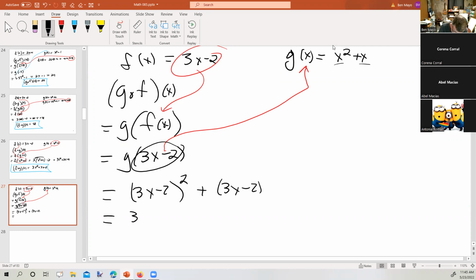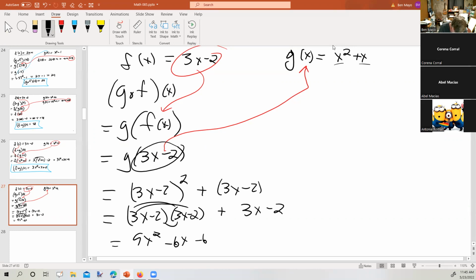So this is going to be 3x minus 2 times 3x minus 2 plus 3x minus 2, which is 9x squared minus 12x plus 4 plus 3x minus 2, which is 9x squared, minus 12 plus 3 is minus 9x, plus 4 minus 2 is plus 2.